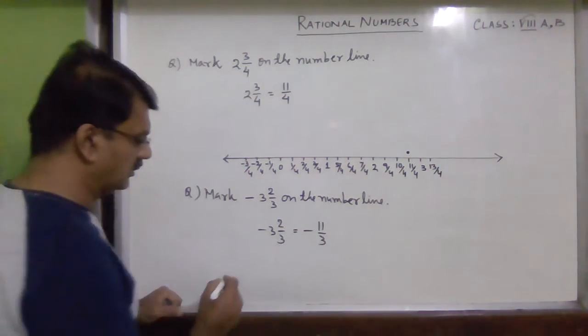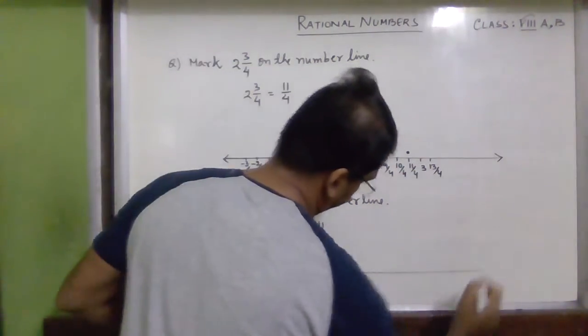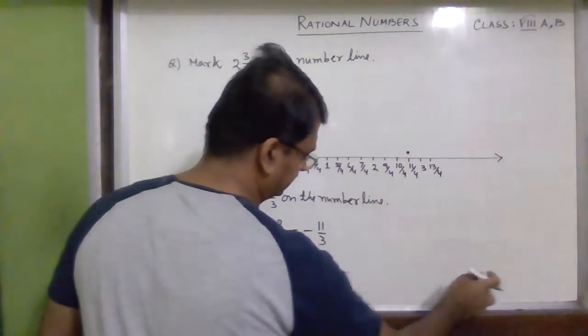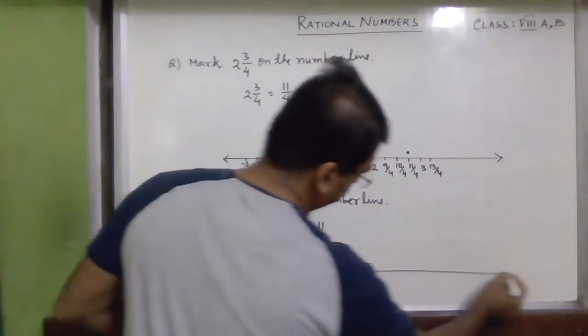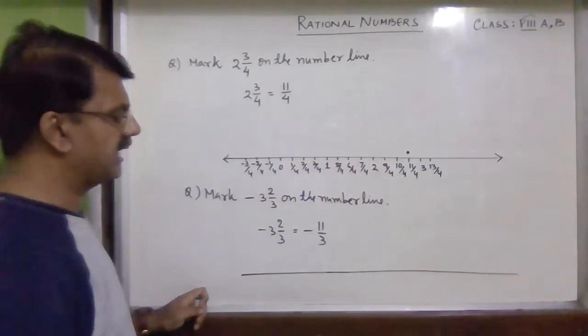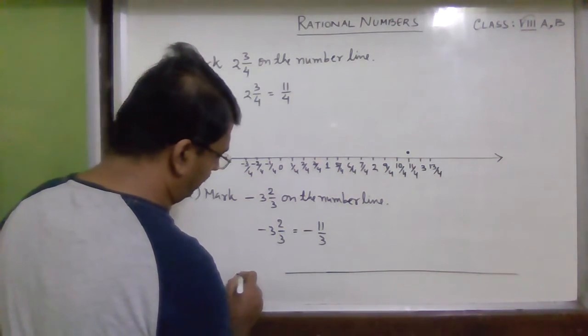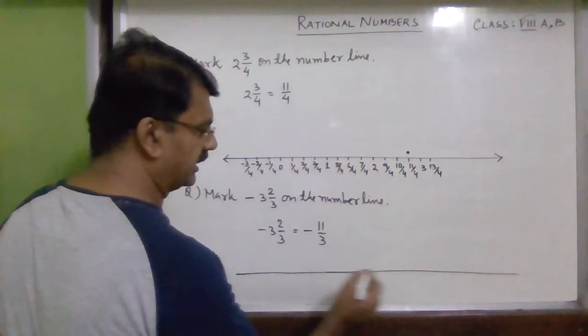Okay. Now draw a line. But this time we have to plot a negative number, so we need more distance on the negative side.